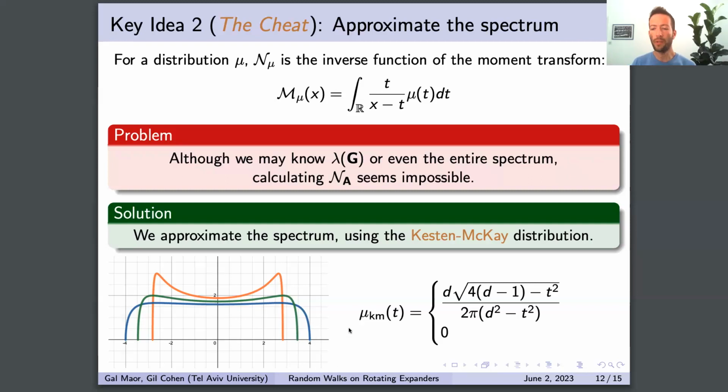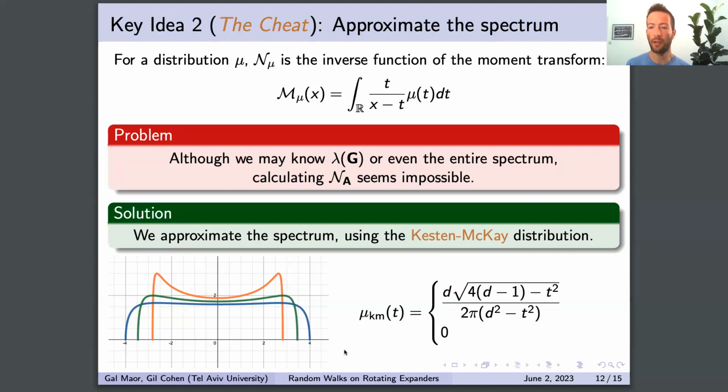And what we know about this distribution is, first, this is the distribution of the spectrum of the infinite d-regular tree. And also, by the work of McKay, we know how to relate the moments of this distribution to the moments of an actual finite d-regular graph using combinatorial qualities of the graph.